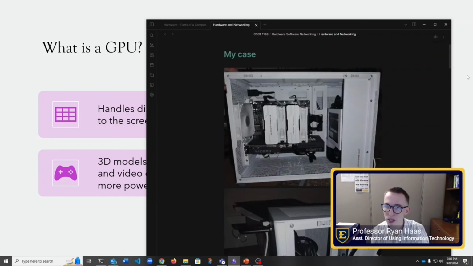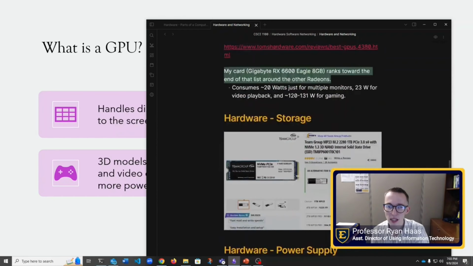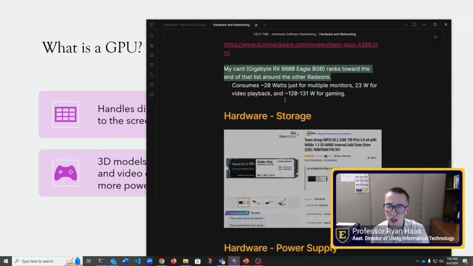So there's my graphics card, and it actually consumes 20 watts. So 20 watts just for my 3 monitors. And then when I'm gaming, my computer consumes as much as 120 to 131 watts. And all that extra wattage is just that GPU, that graphics processing unit.